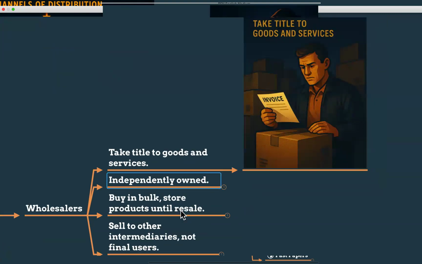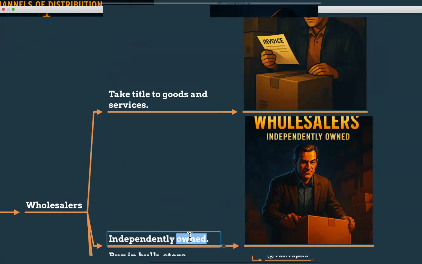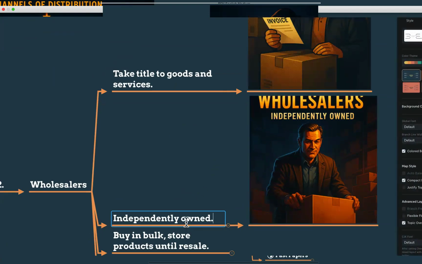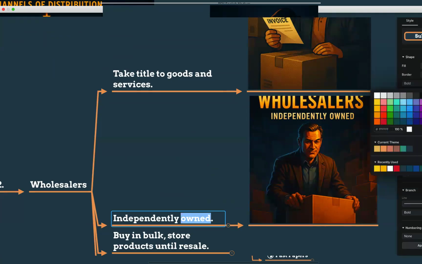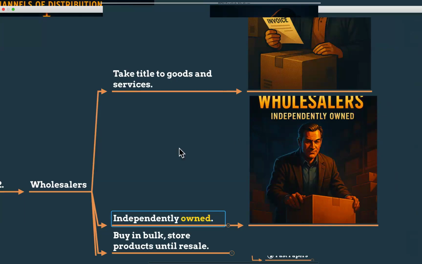So the thing is, they are independently owned. The word ownership is very important because, as we have seen, the agents are not owning the goods. They just have the possession only. But wholesalers pay the money and take the ownership with their own custody. So they independently own the goods.